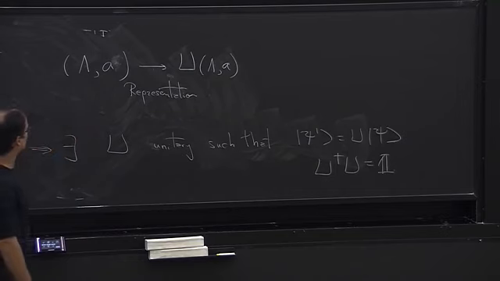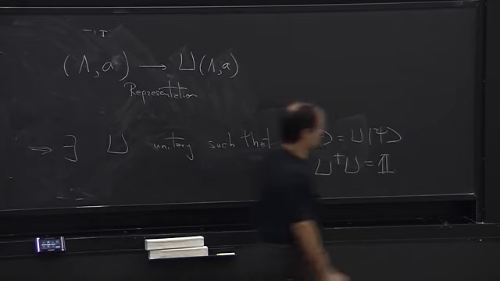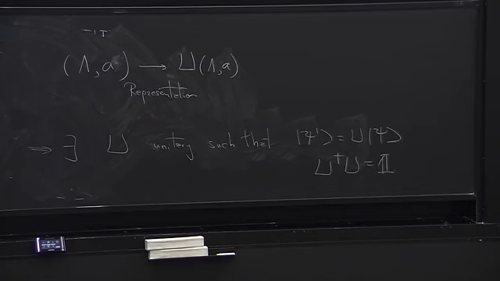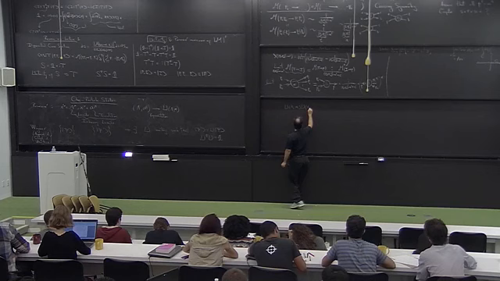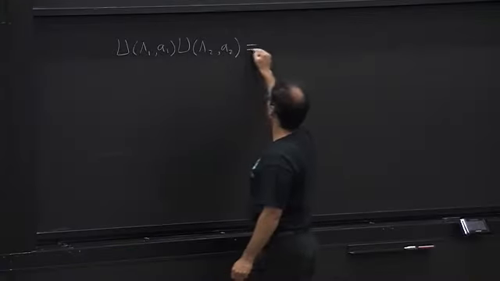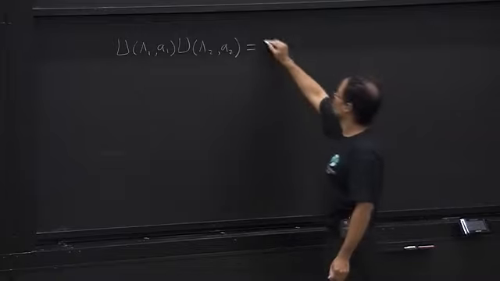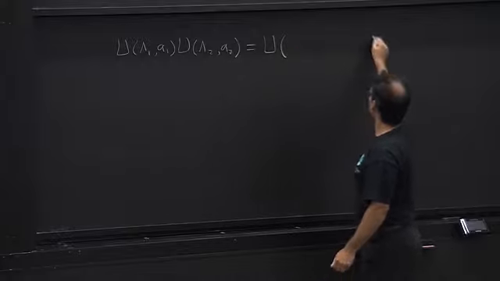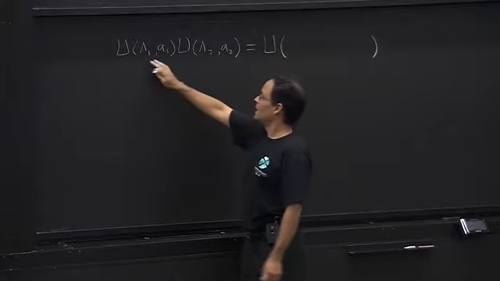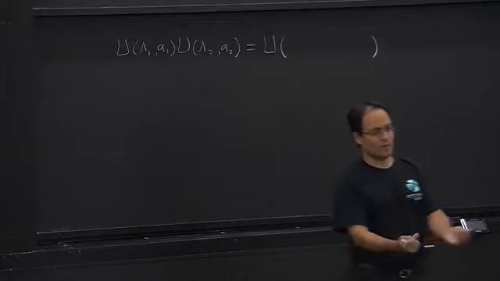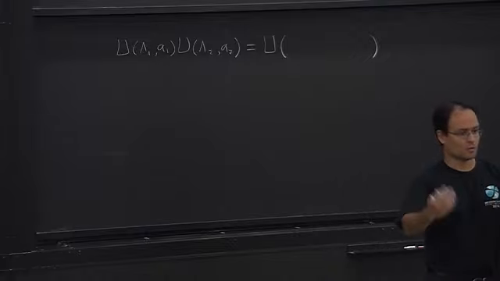So if this is a representation, it means that if we have the composition or the product of two operators acting on the Hilbert space, on any element of the Hilbert space, it must be the same as another one where the entries are exactly what happens with the composition rule of the group.